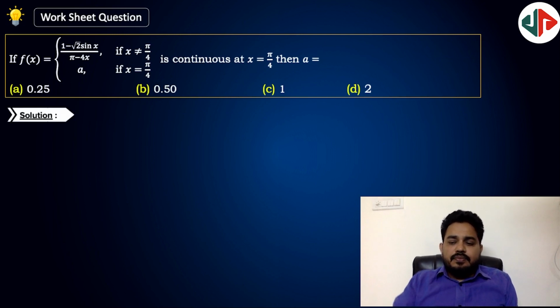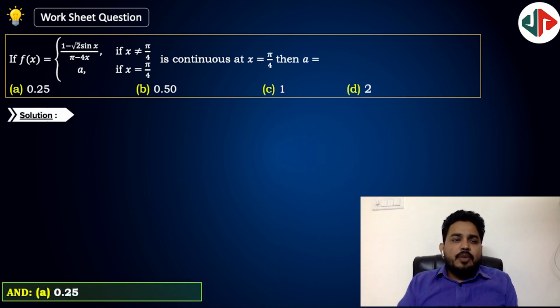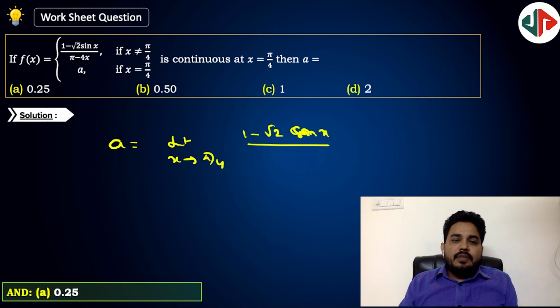So here they are talking about a is equal to limit x tending to pi by 4, 1 minus root 2 cos sin x by pi minus 4x. Apply L'Hospital rule.